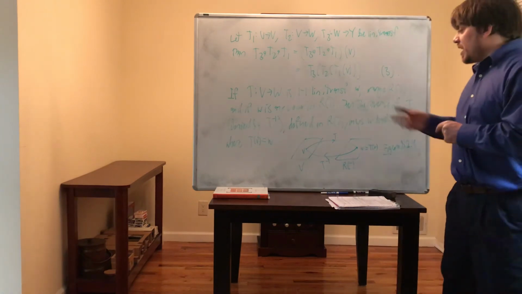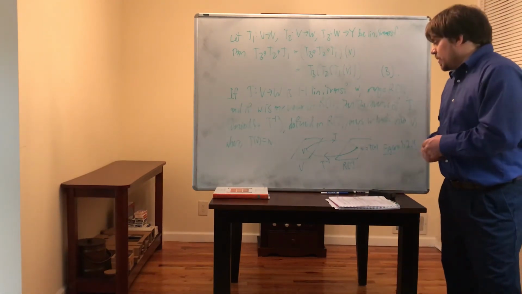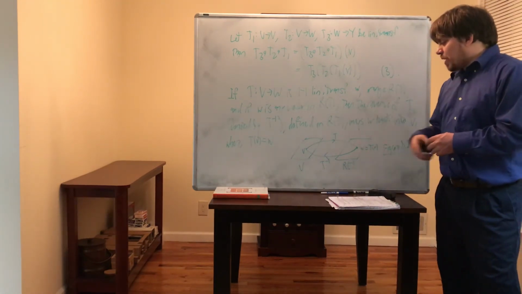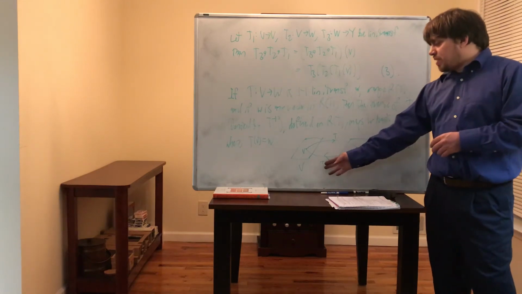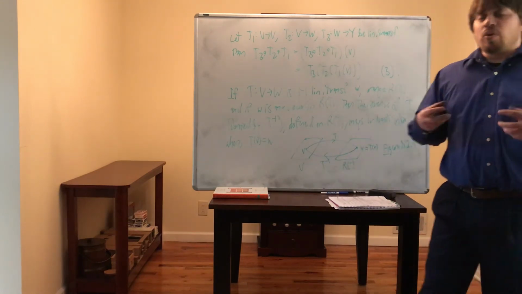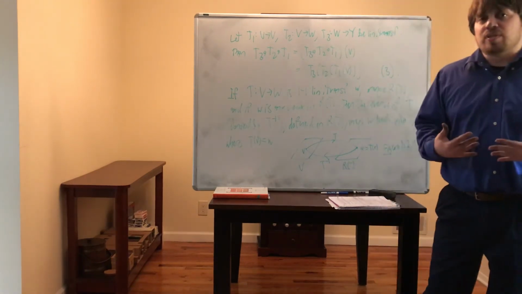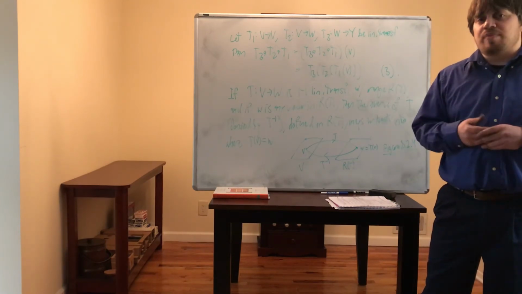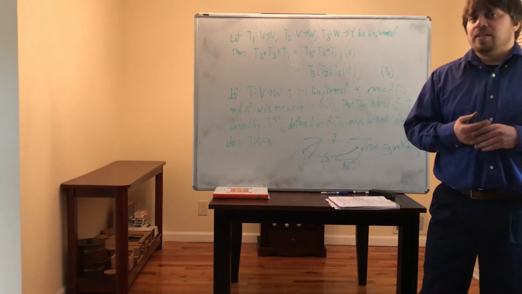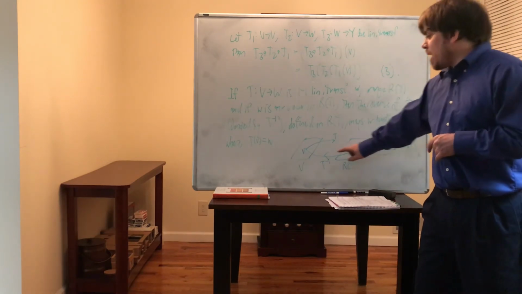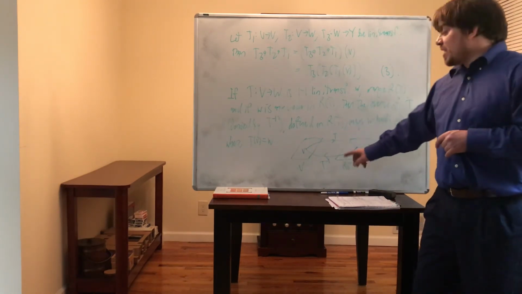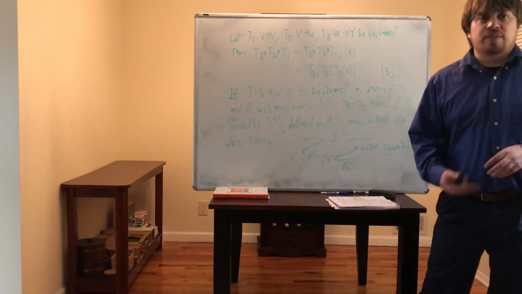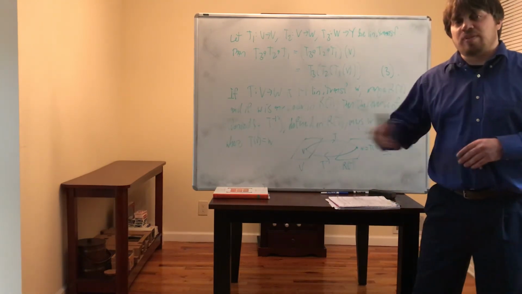And again, T has to be one-to-one, and R of T is the range of T. The domain of T inverse is the range of T. We're only inputting things into T inverse that are the image of something under T. If a vector was not mapped to by something in capital V, then I could not go backwards, I could not go back to the vector that maps to it.